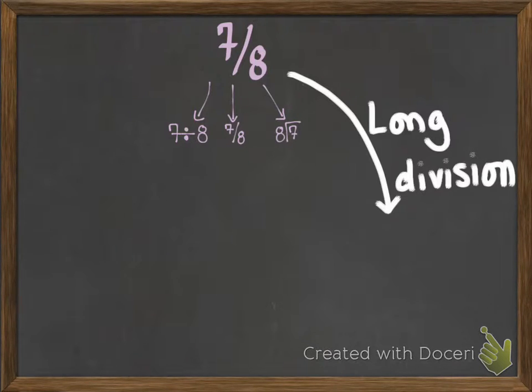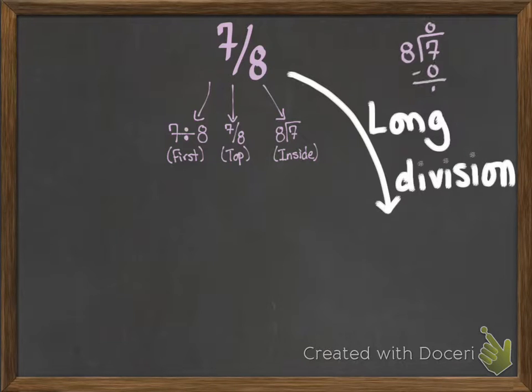So we can categorize these as the numerator in 7/8 is either the first number if you write it out sideways, the top number if you write it out as a fraction, or the inside number if you write it out as long division. Okay, so first, top, inside, all right? And this is for your numerator, so in this case, the 7.